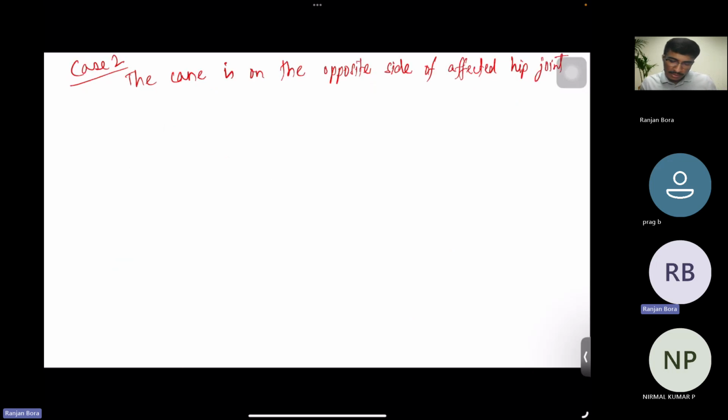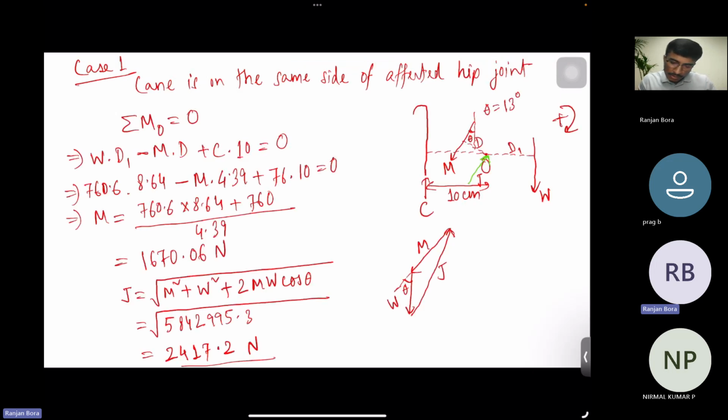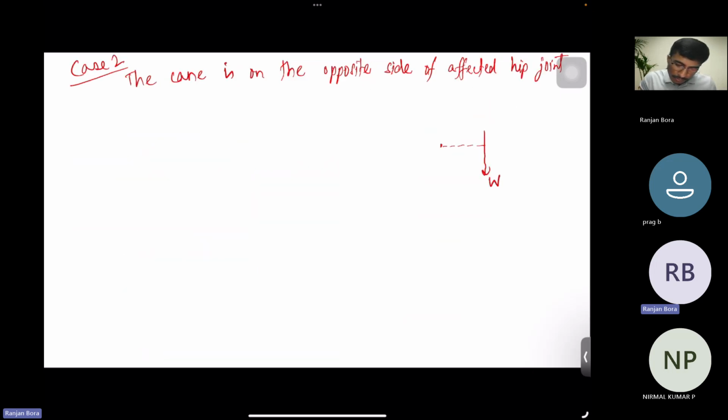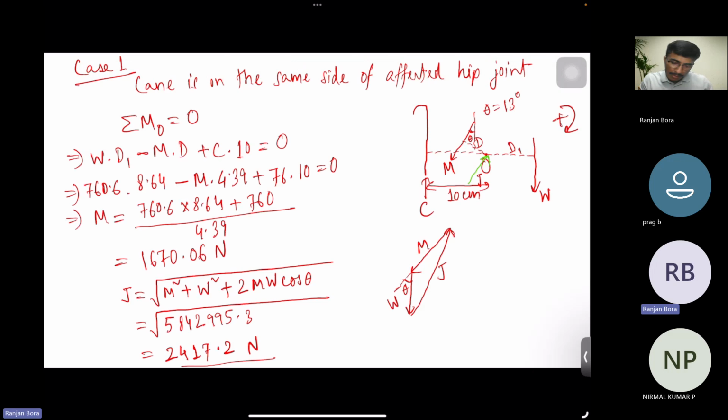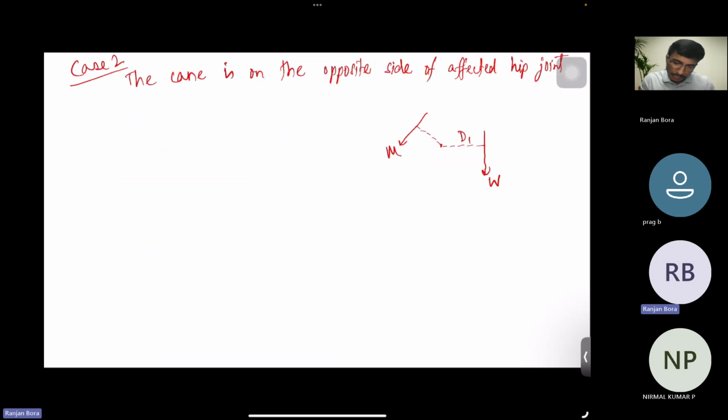So in that case, again, we'll draw the free body diagram. This is W, M, this is T. Now the person will take the cane on the opposite side.